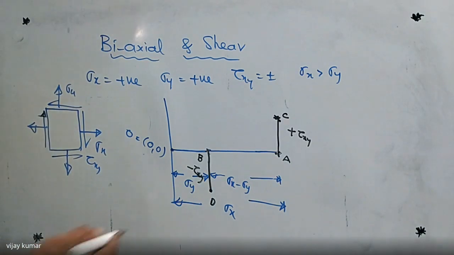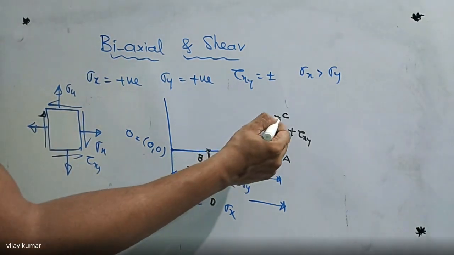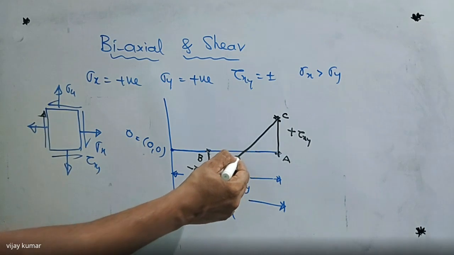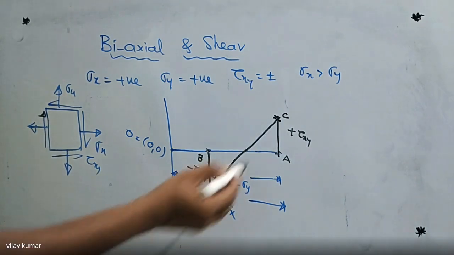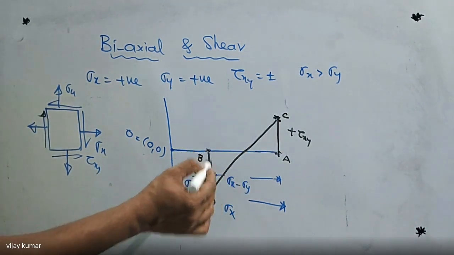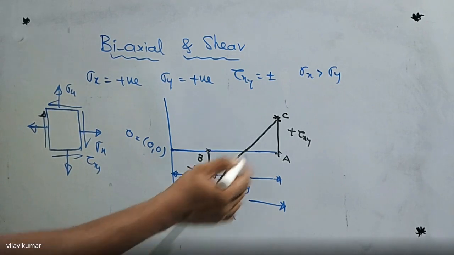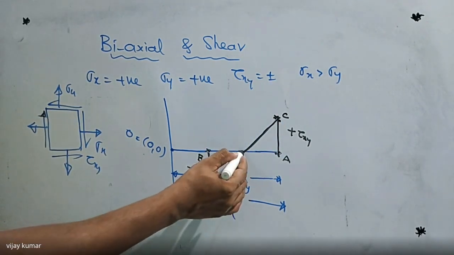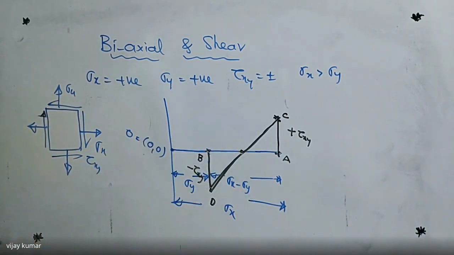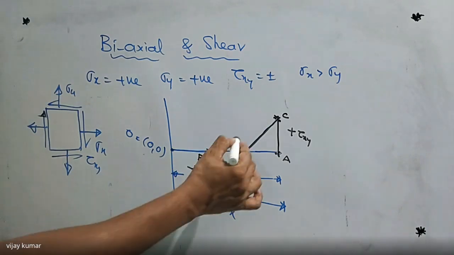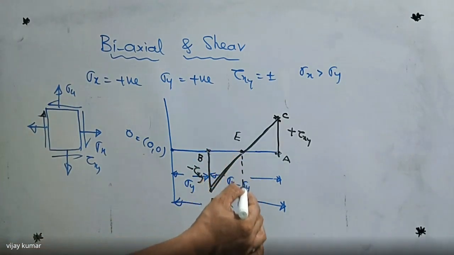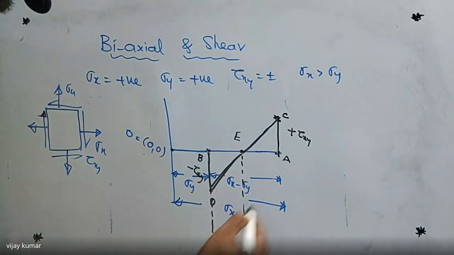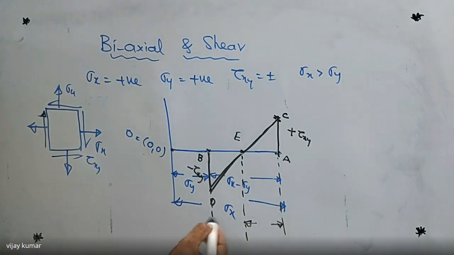Have you all got it? Now I'm going to join these two points. If these two values have the same magnitude but opposite directions, then this line CD exactly intersects the horizontal line at the center. Did you get my point? This point is E. Now tell me, what is this value and what is this value?